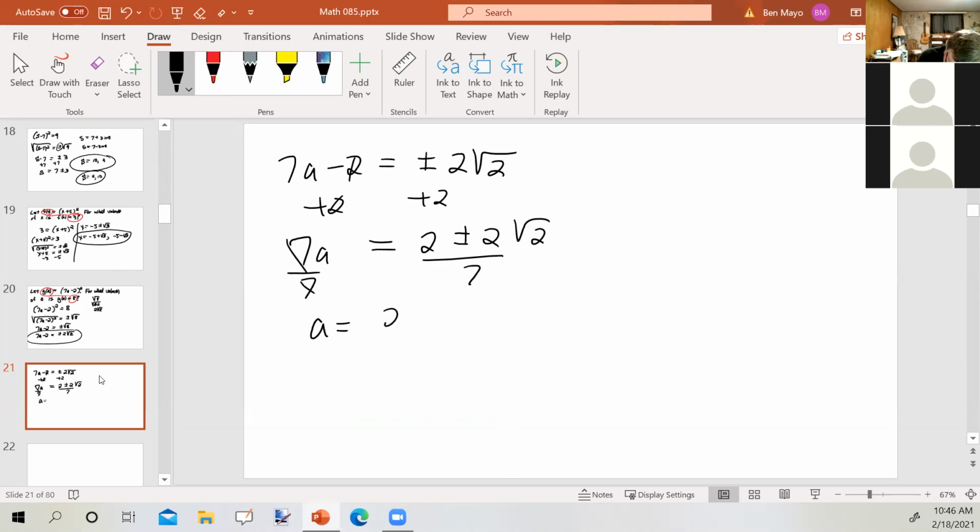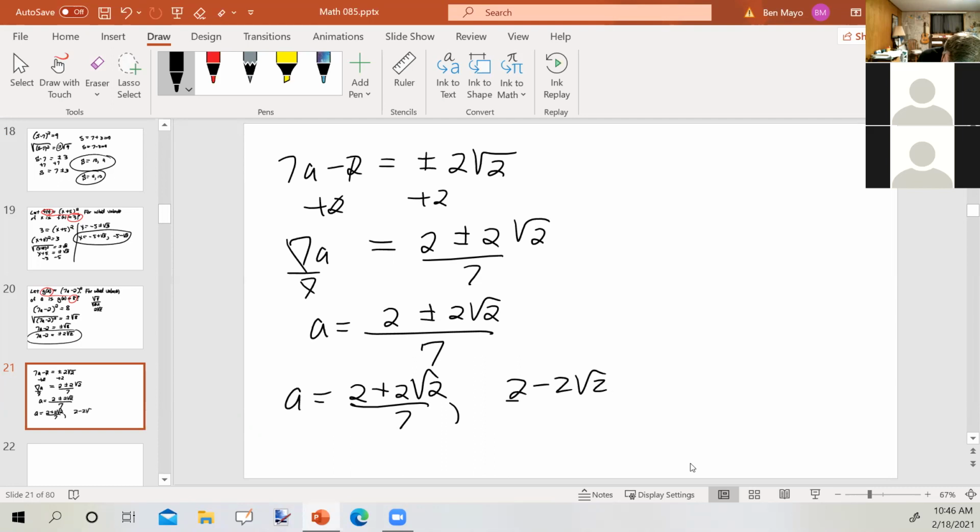So a equals 2 plus or minus 2 square roots of 2 all over 7. Now, I've got my 2 solutions, but to write them separately, I would say a equals 2 plus 2 square roots of 2 over 7, comma, 2 minus 2 square roots of 2 over 7.